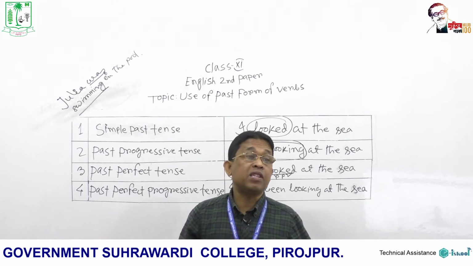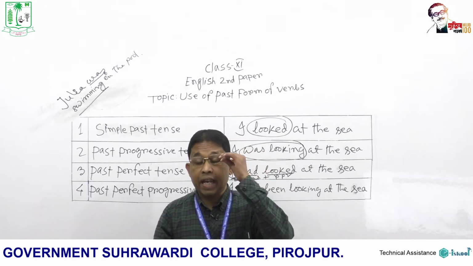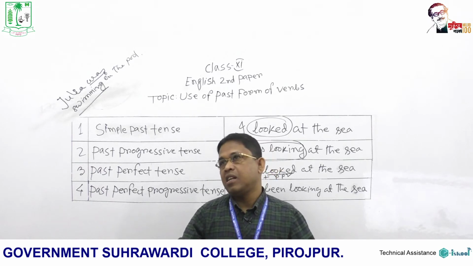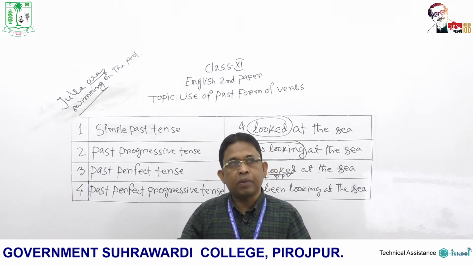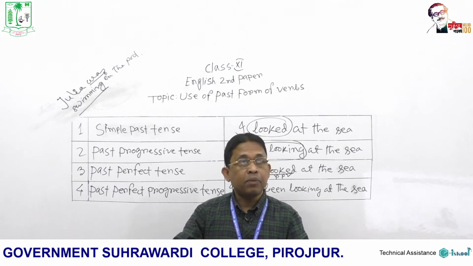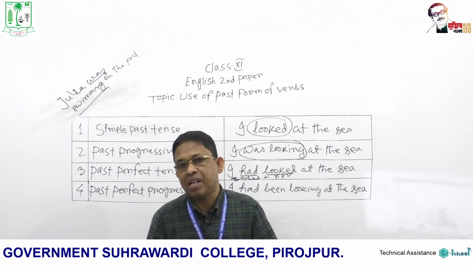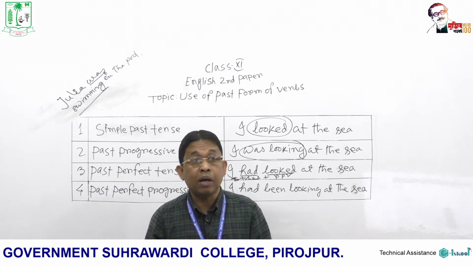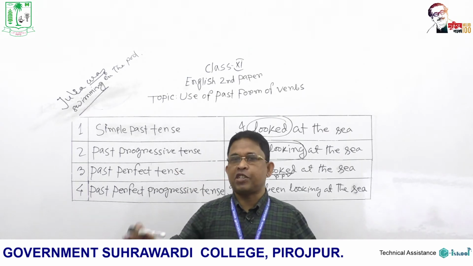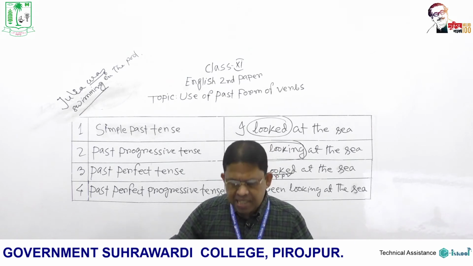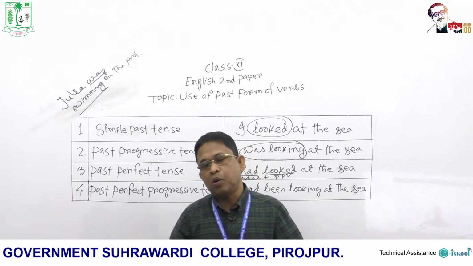As in our previous classes, we described that in perfect tense, the main verb is always in the past participle form. We have to use the past participle form of main verbs in all types of perfect tenses, whether it is active voice or passive voice.